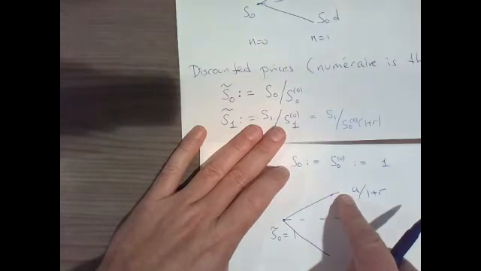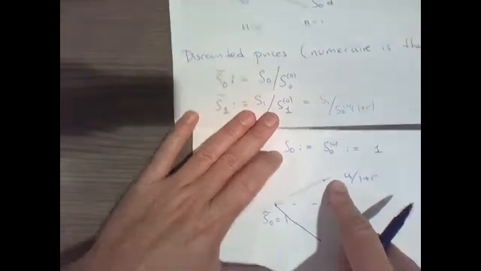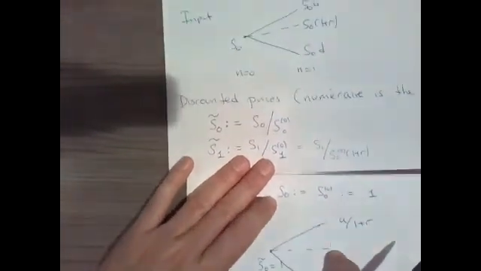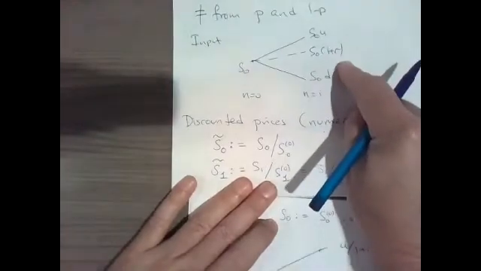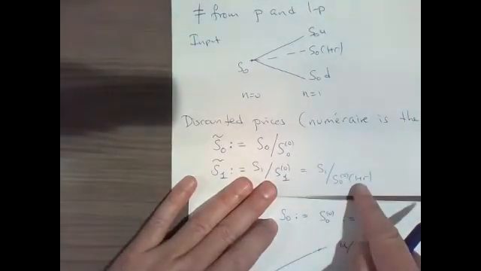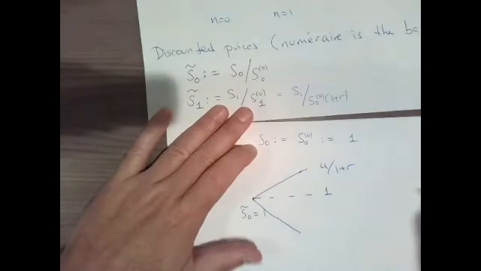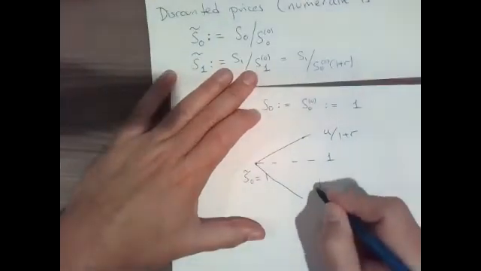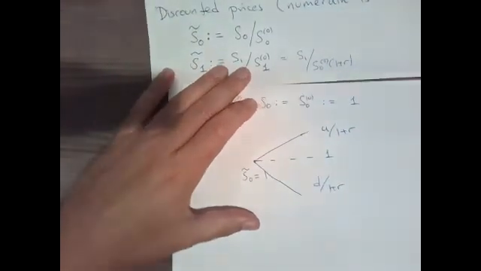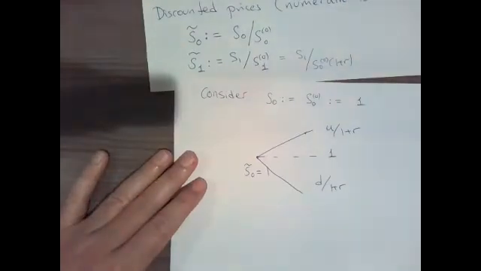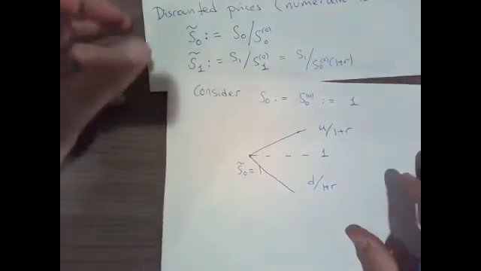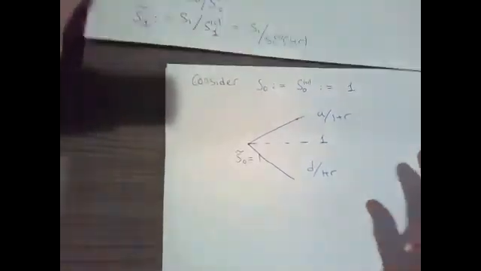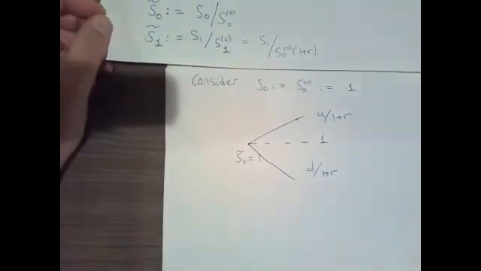Otherwise, I have to have an S0 here. The flat one, I have 1 plus r divided by 1 plus r, so this is a 1. And the downstairs one will be d divided by 1 plus r.